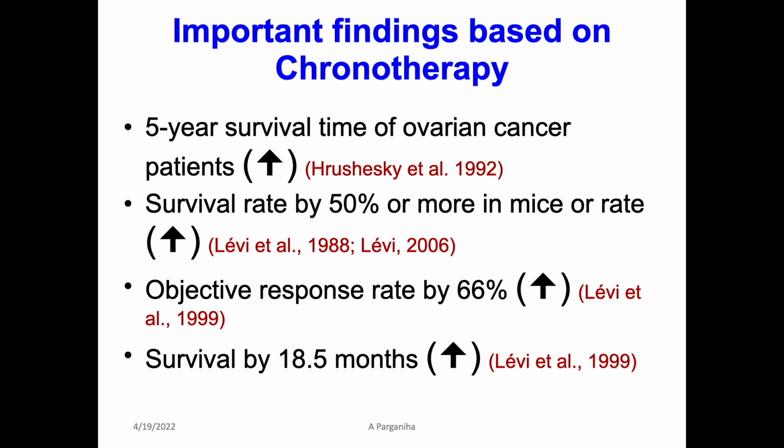Similarly, the Levy et al. group concluded that survival rate can be increased by 50% or more in mice or rats if given chronotherapy. Similarly, in the patients who received chronotherapy, the objective response rate was increased by 66%. Then also the Levy et al. group concluded that survival was increased by 18.5% in those who received chronotherapy.